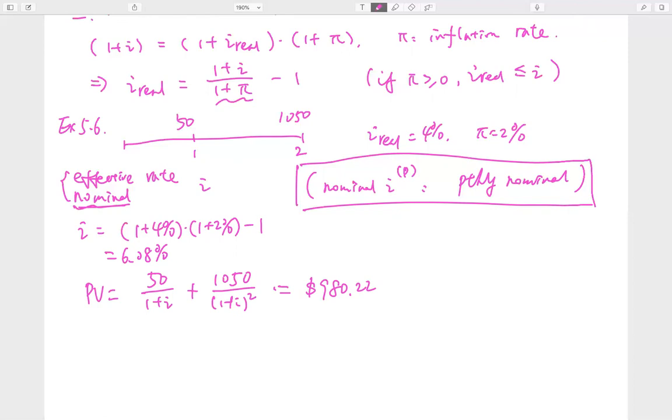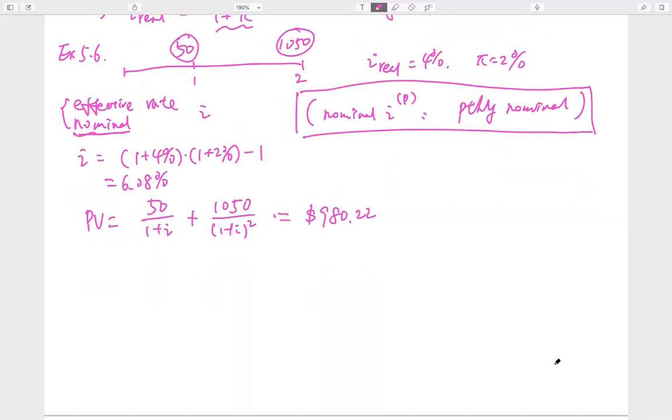Sometimes we also want to know the real cash flow, an idea the textbook introduces. So this is the nominal cash flow. In order to get to the real cash flow, we will need to use the corresponding amount. For example, the real cash flow at time 1 would be 50 divided by 1 plus pi, so it's 1.02.